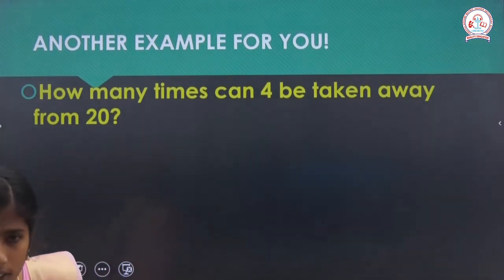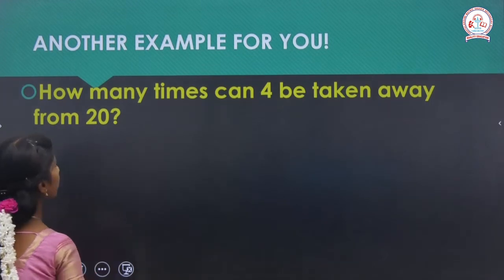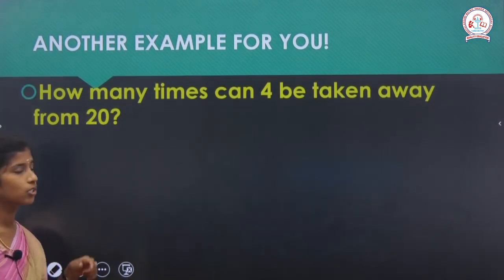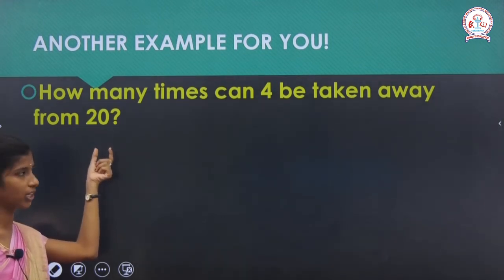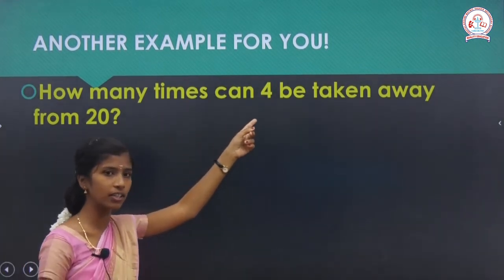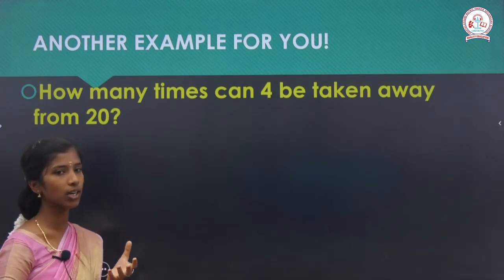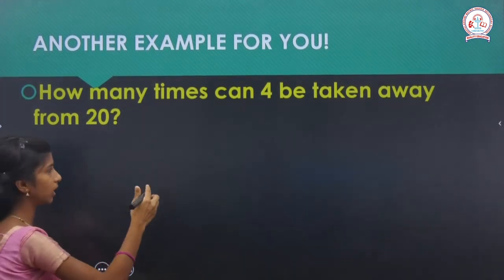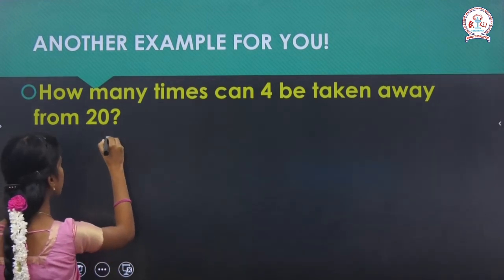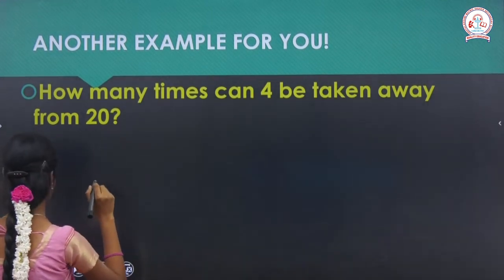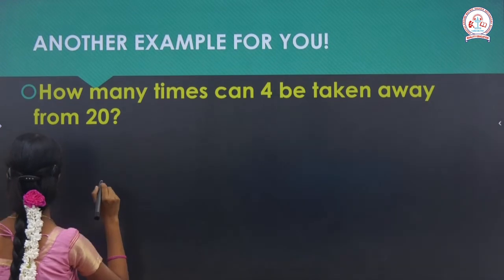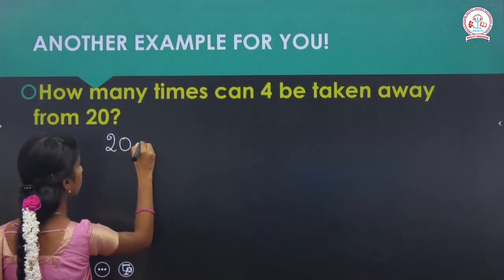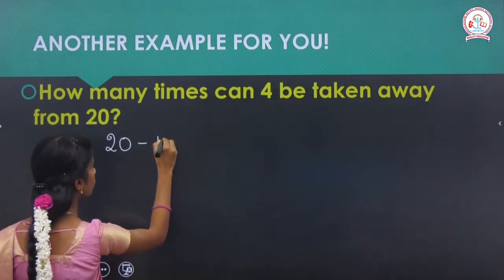So here we have another example children. So let us do that. How many times can 4 be taken away from 20? So here 20 is the dividend and 4 is the divisor. So we need to find what is the quotient. So for that we have to subtract the 4 repeatedly. 20 minus 4.